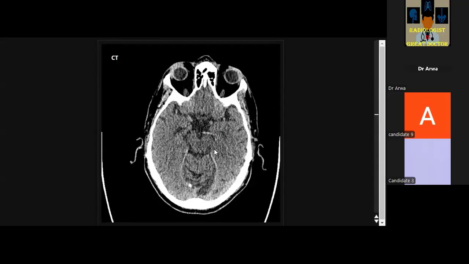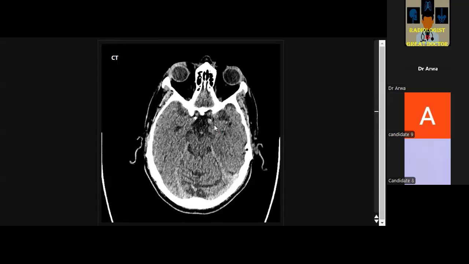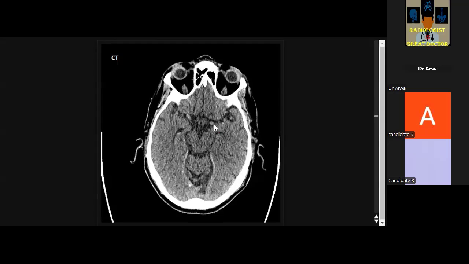Comment on vascular structures. This patient is in old age, suspected to have a stroke. There is a relative hyperdensity of the right middle cerebral artery, which might represent. Compare it with the left. Relatively symmetrical, right?